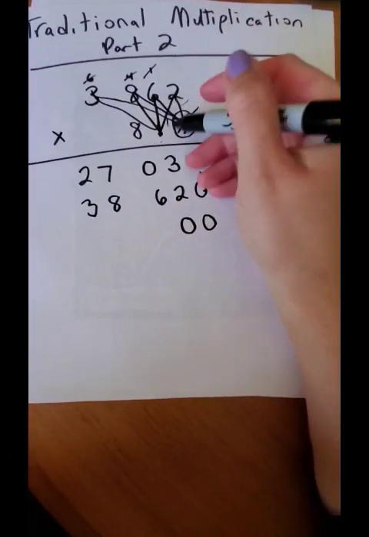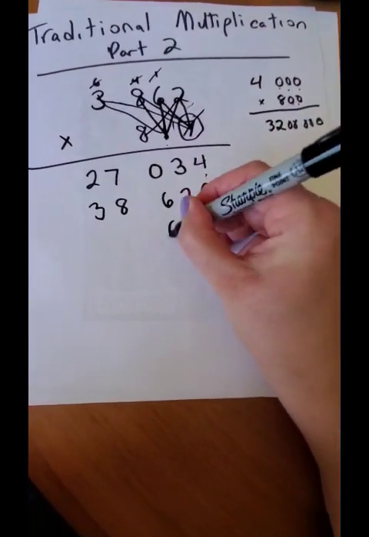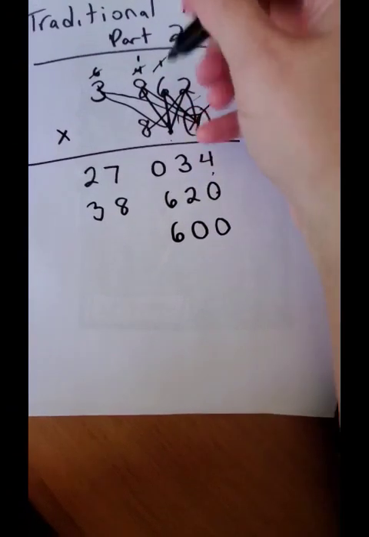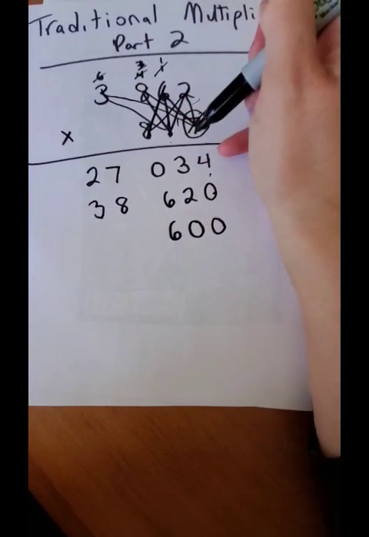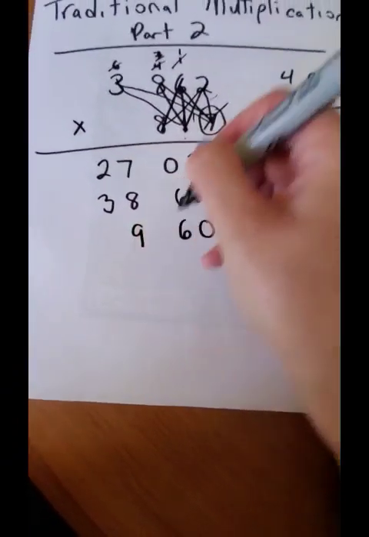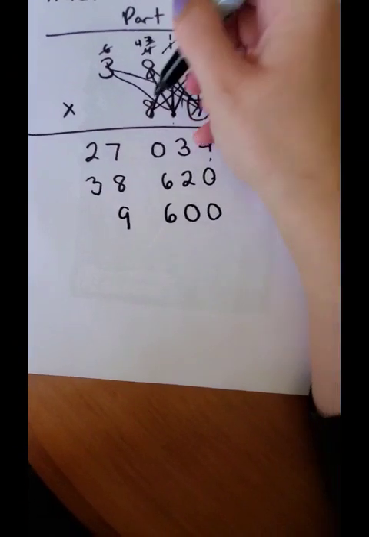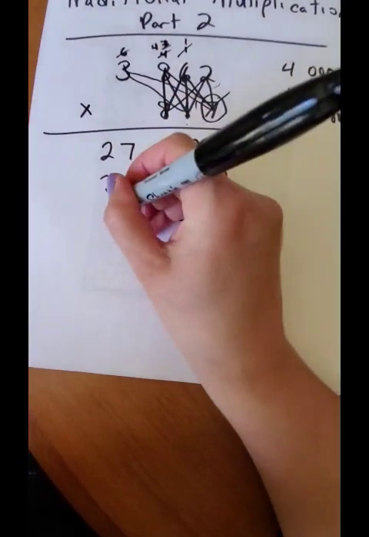Oh, it's getting messy. This is how I make sure I don't make mistakes. 8 times 2 is 16. Oops, wrong spot. 8 times 6 is 48, plus 1 is 49. 8 times 8 is 64, plus 4 is 68.